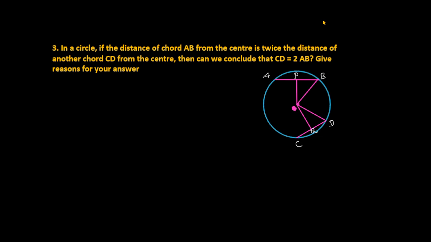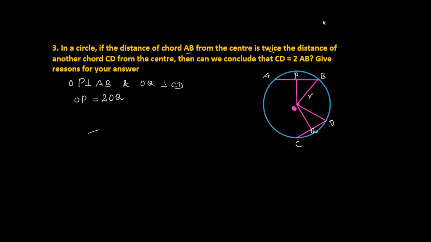In a circle, the distance of chord AB from the center is twice the distance of chord CD from the center. So OP is perpendicular to AB and OQ is perpendicular to CD, and here the length of OP is equal to twice OQ. Then can we conclude that CD is equal to 2AB or not, they are asking.